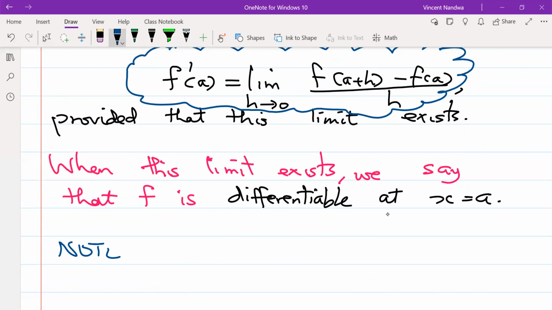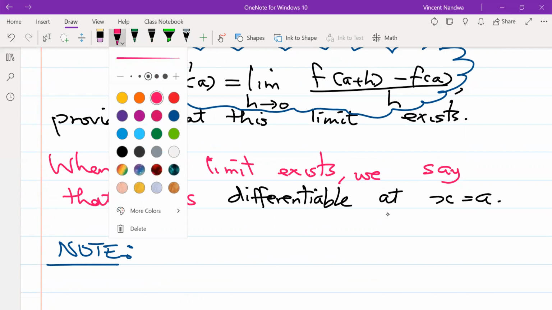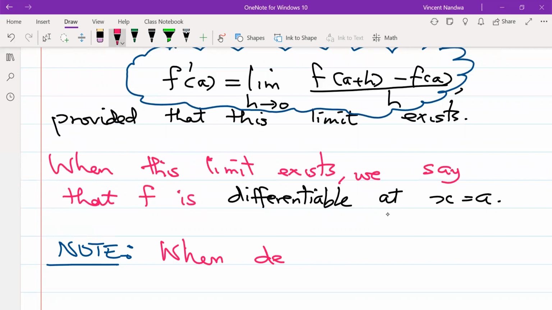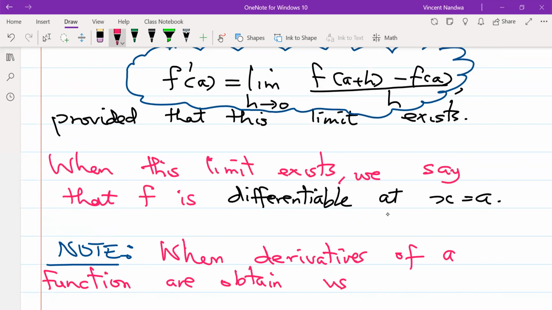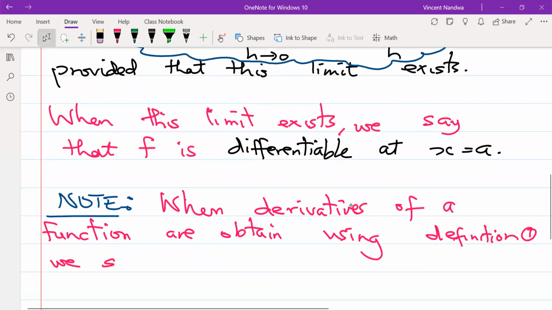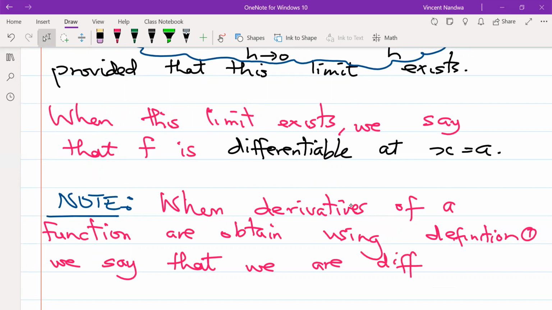So note, when derivatives of a function are obtained using definition 1, we say that we are differentiating by first principle.